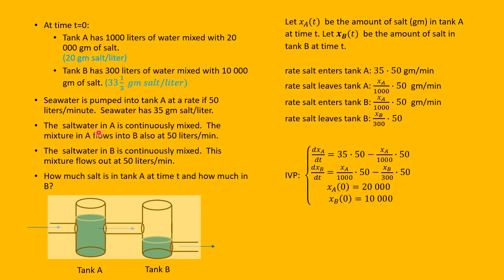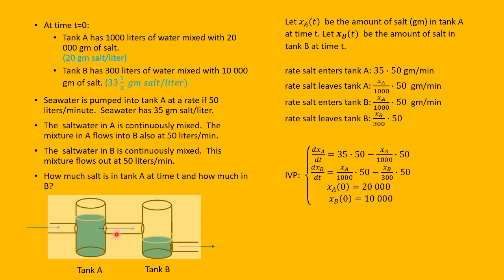The salt water in tank A is continuously mixed. The mixture in tank A flows into B also at 50 liters per minute. Salt water in B is continuously mixed. This mixture flows out at 50 liters per minute. So the flow in here is 50 liters per minute.